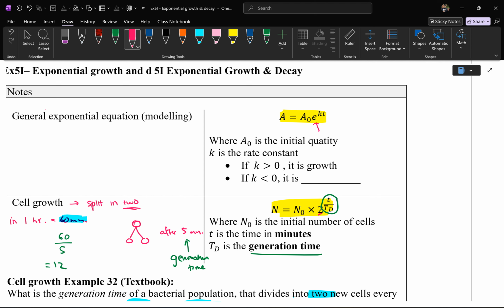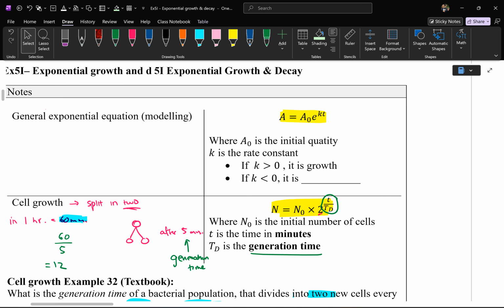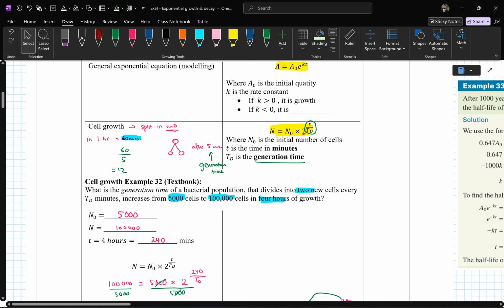Anything that doubles itself, base 2, triples itself, base 3. That's probably the only challenge with exponential applications: when you're reading the question, what base do you use is the first step.